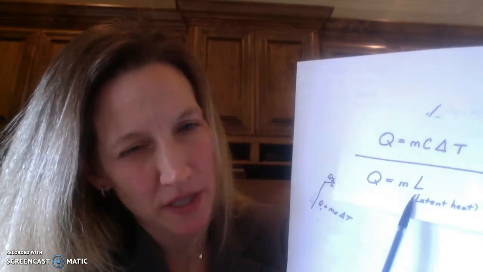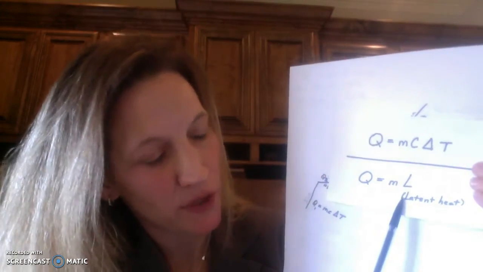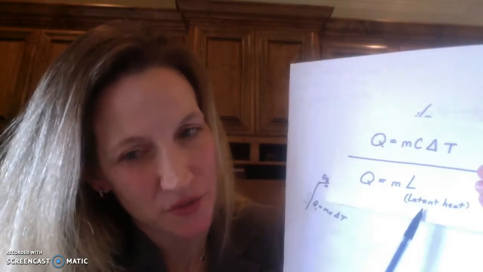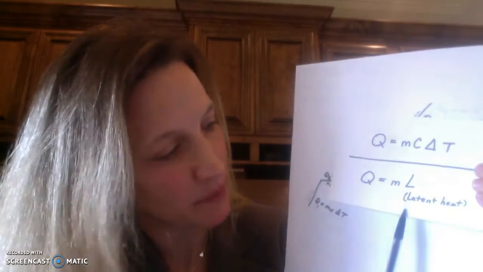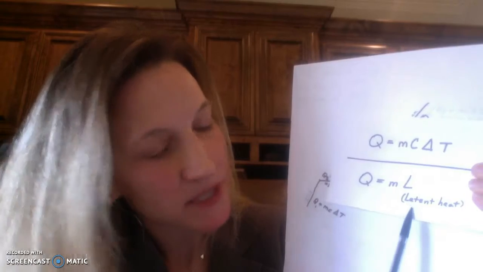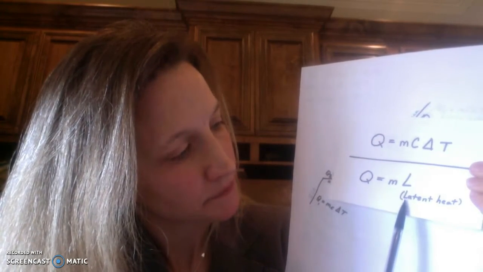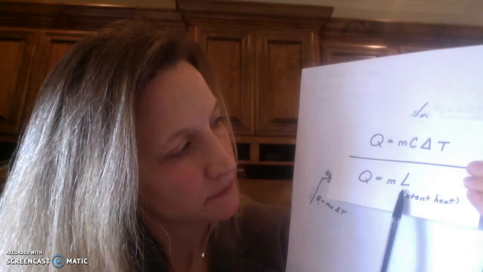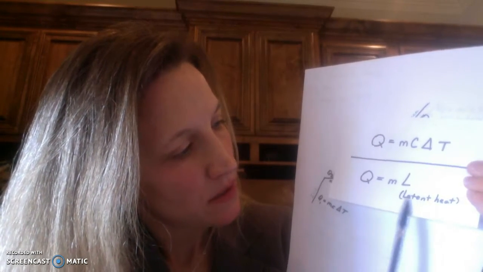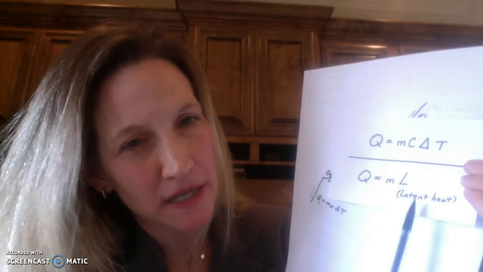We've already done this part. This was yesterday also. So I'm kind of throwing you in the middle of a problem that I just enjoyed doing, so I wanted to show you some of it. This is my latent heat. This is the hidden heat. Latent heat is hidden heat, and it's just a change of phase. It's something you don't see.